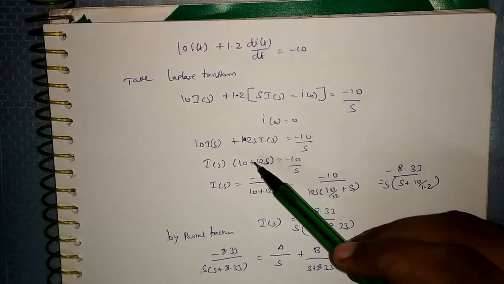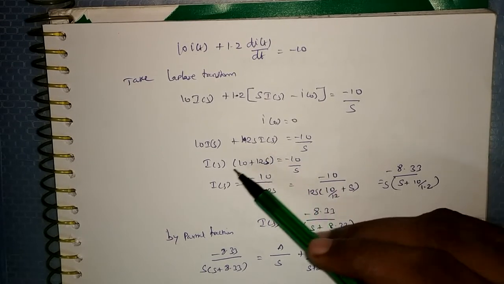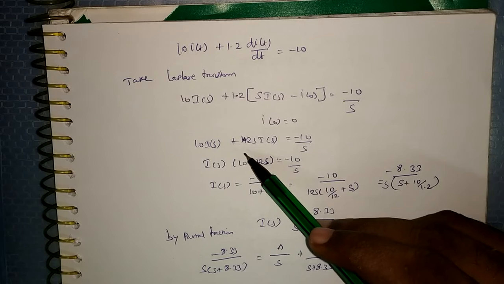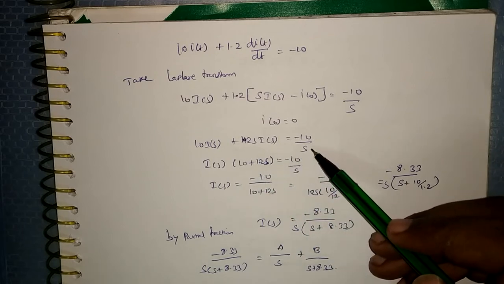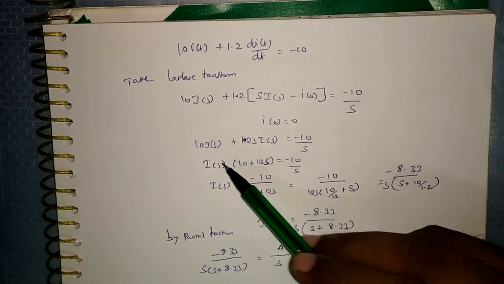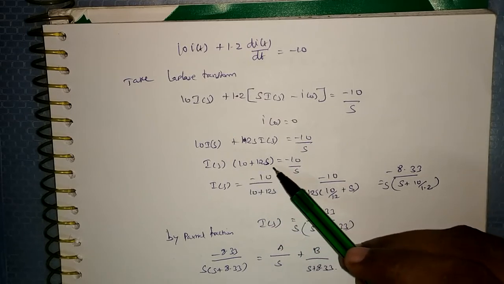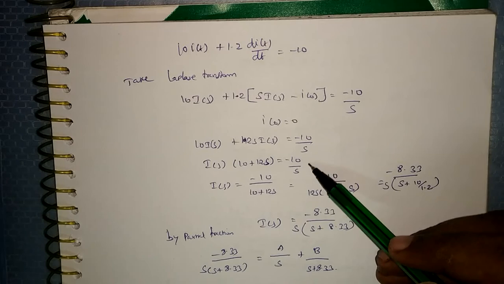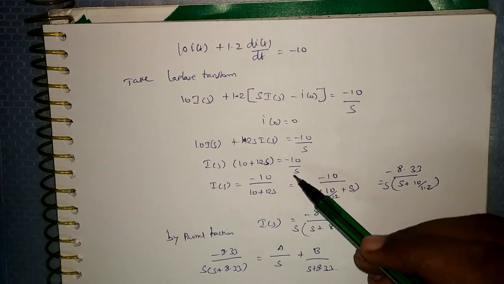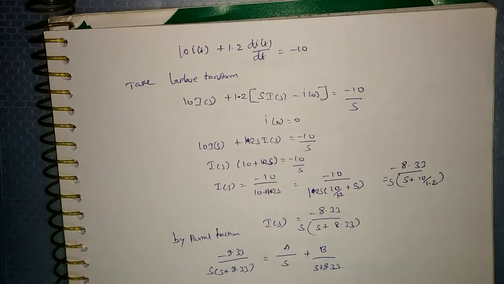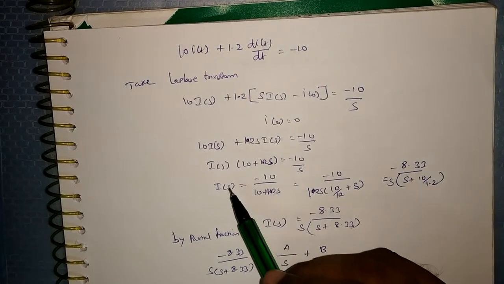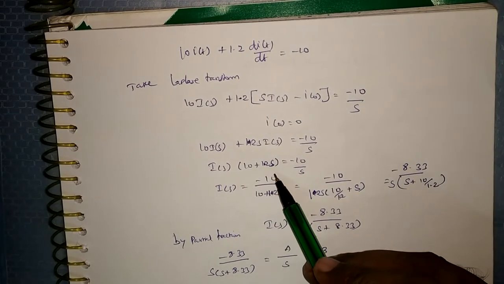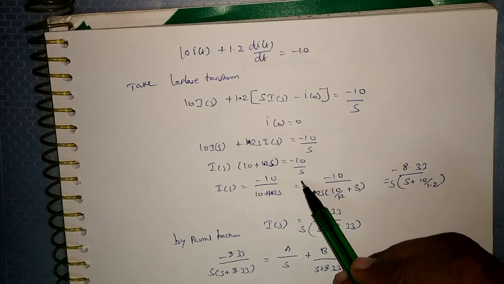Rearranging this equation, I can write 10 I of s plus 1.2 s I of s equal to minus 10 by s. I can take I of s outside: I of s multiplied by 10 plus 1.2 s equal to minus 10 by s.